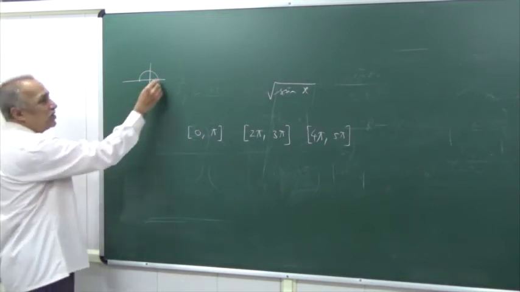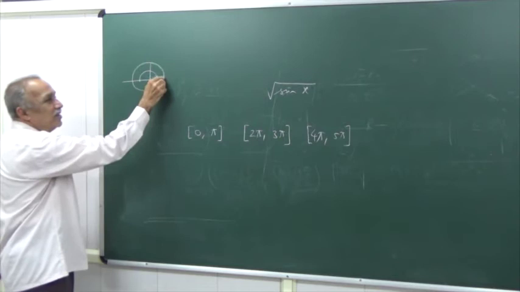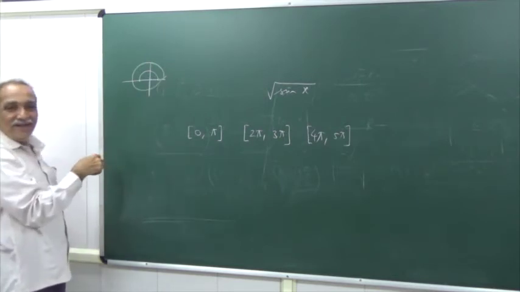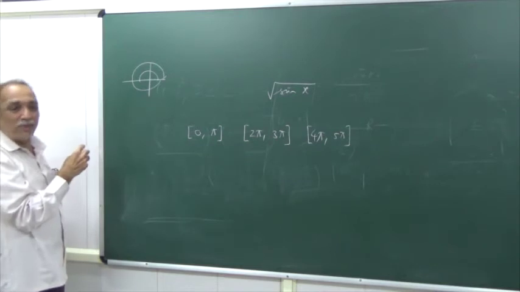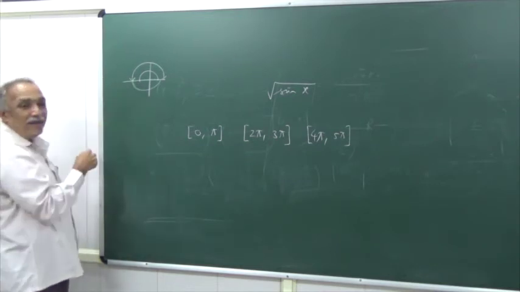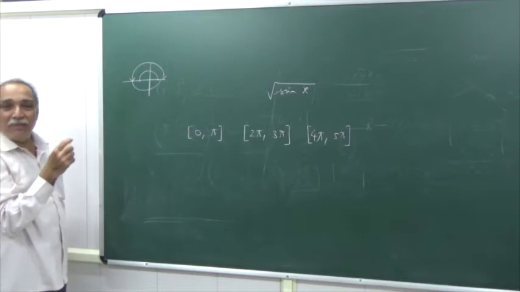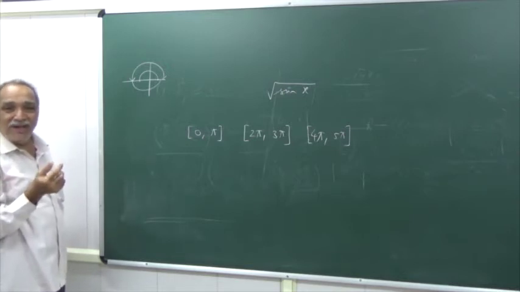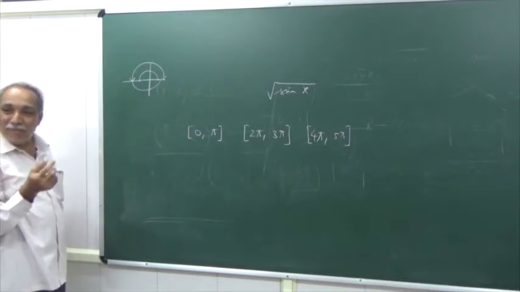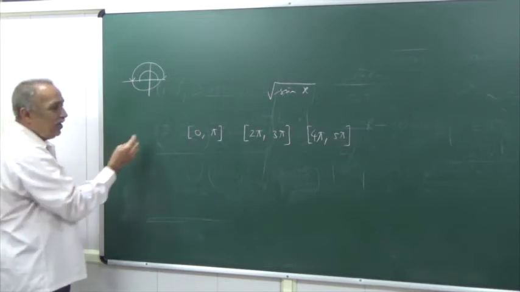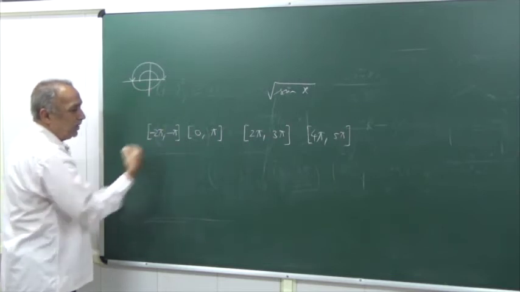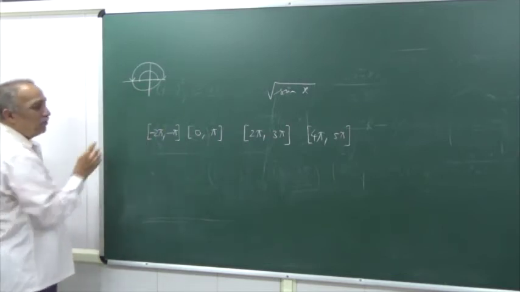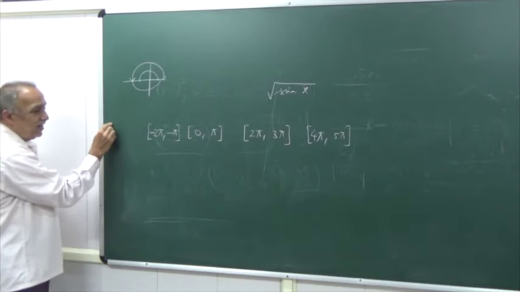Minus 2 pi means this. Agree? This is minus 2 pi. Okay, minus 2 pi to minus pi. Which of the two numbers, minus 2 pi and minus pi, is smaller? Minus 2 pi is smaller. So, left hand point of the interval is minus 2 pi. Right hand point minus pi. Okay, the interval preceding this.